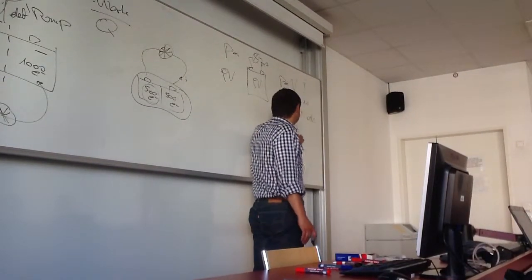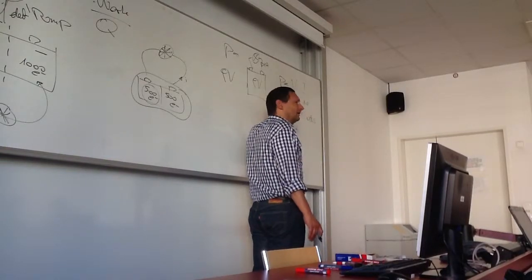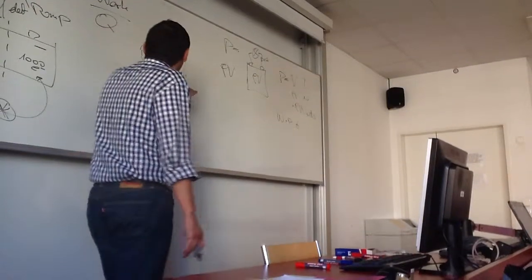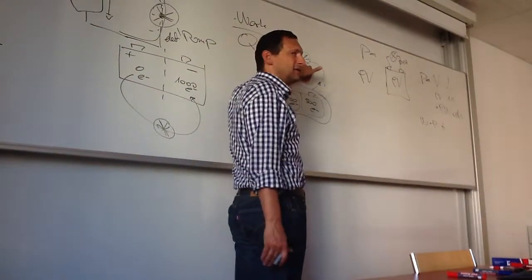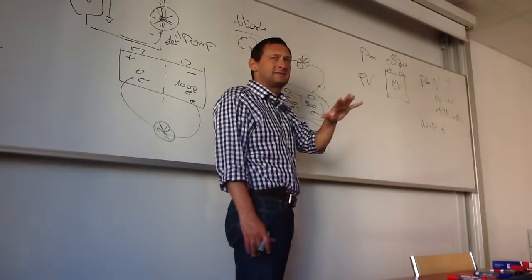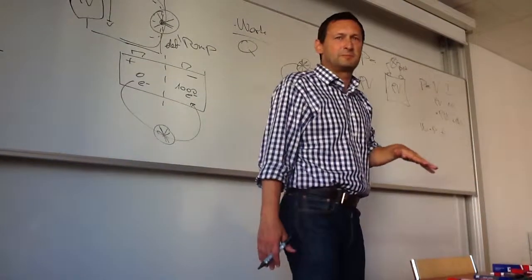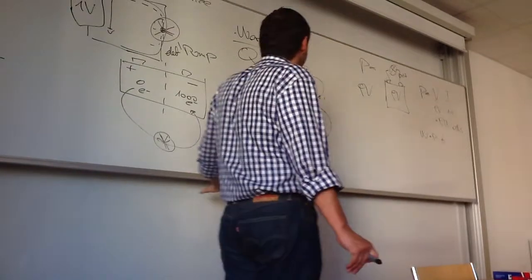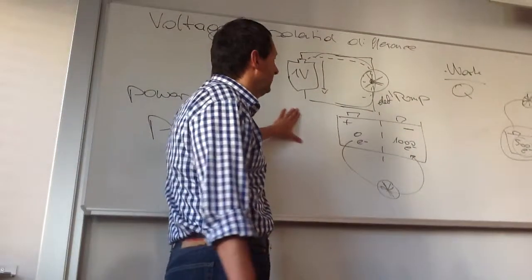So that's the work that the battery can give you. It's the same amount of work that you have stored in that battery during charging. But normally it's not the same numbers. You got some power dissipation, so the efficiency is not 100% between charging and recharging. But at least this gives you an idea.